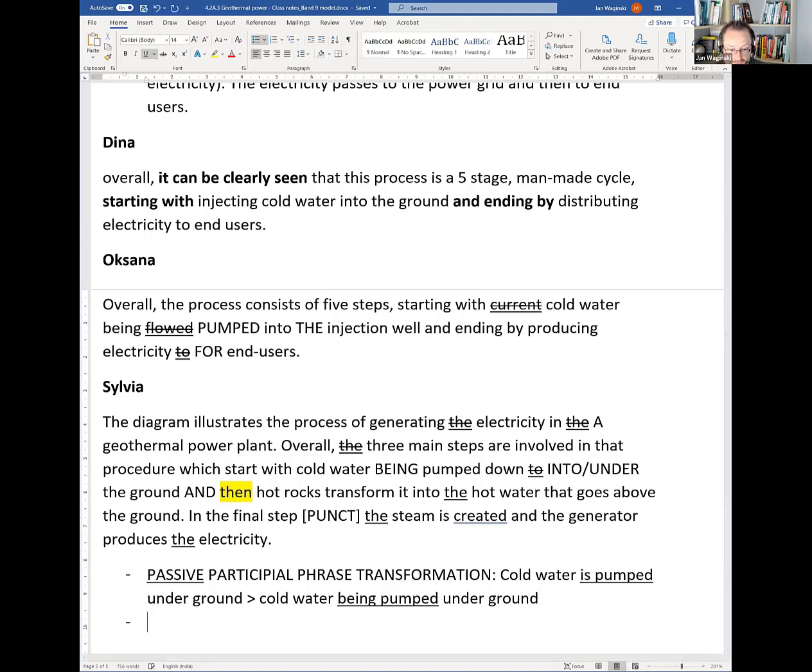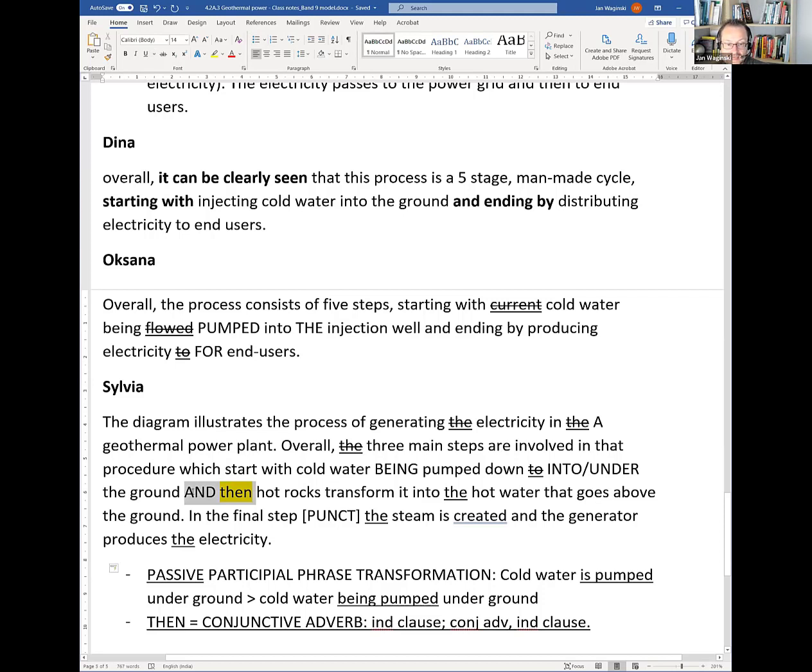So with conjunctive adverbs, remember, it's independent clause, semicolon, conjunctive adverb, comma, independent clause. All right, so this is the pattern. You're going to use then in the same way, or in the middle of a sentence, it has to be "and then."